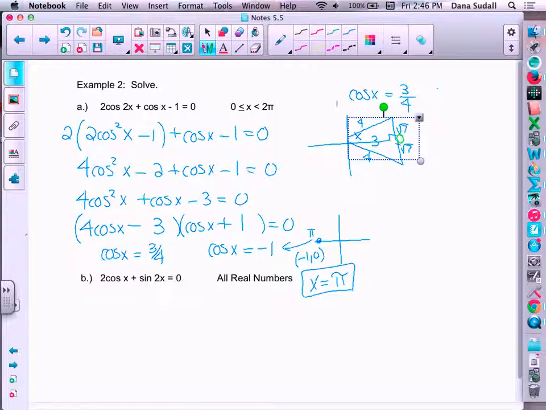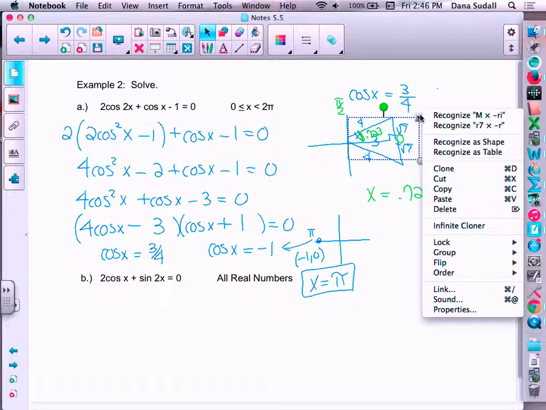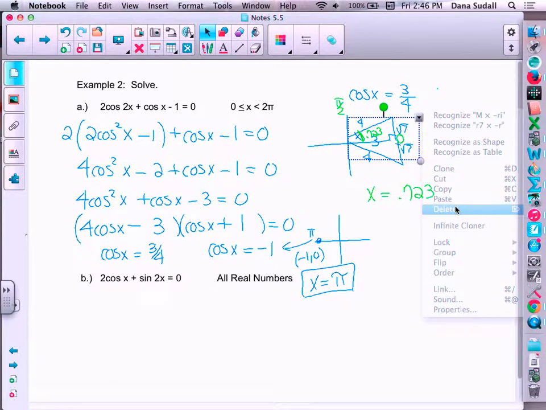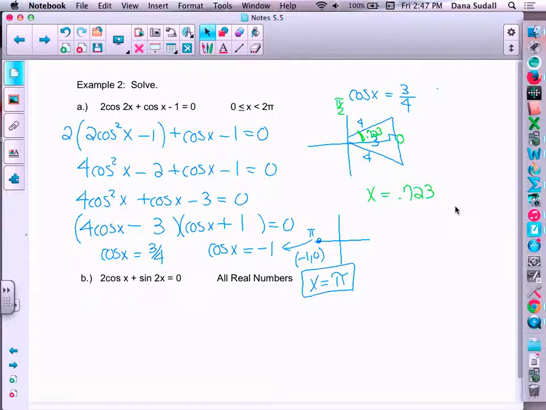So in my reference angle here, if this is 0, this is pi over 2. This angle right here is my 0.723 that we just got from the calculator. So one angle is 0.723. The other angle, all right, so my angle is 0.723.